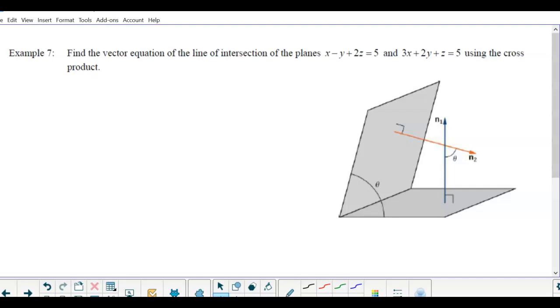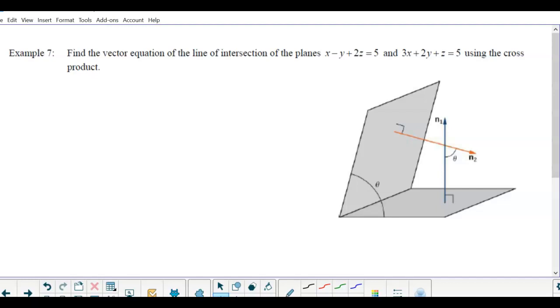It's kind of hard to visualize, but it's going to be coming out of those two in the same direction as this line of intersection. So using the cross product of the normals gives you that direction vector right away. So that's what you can do to start.